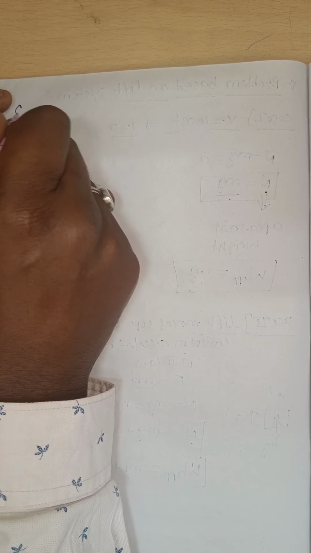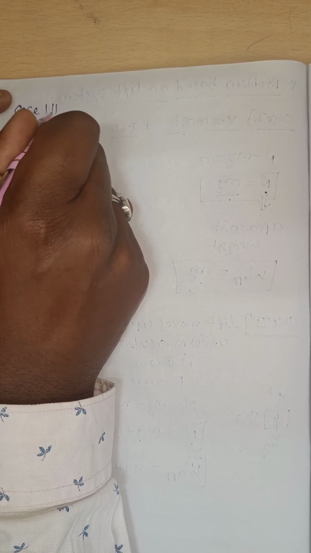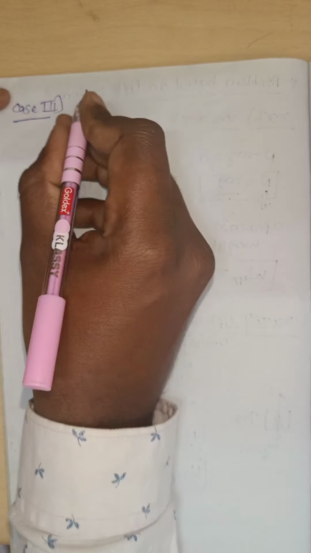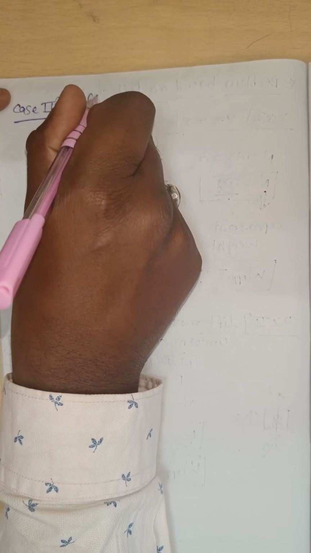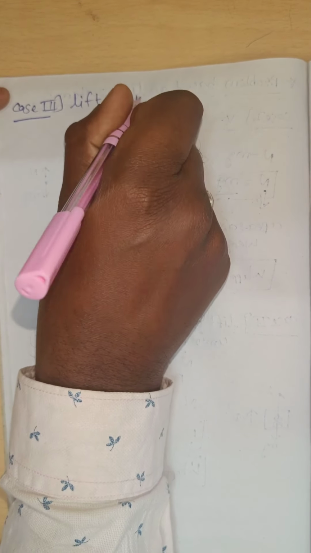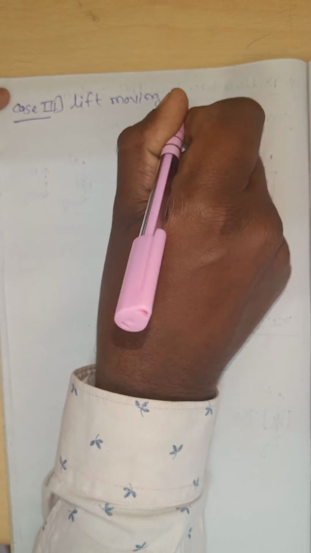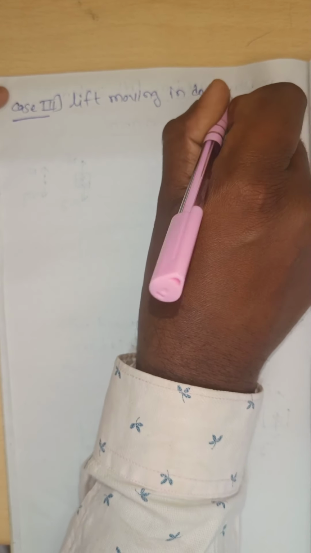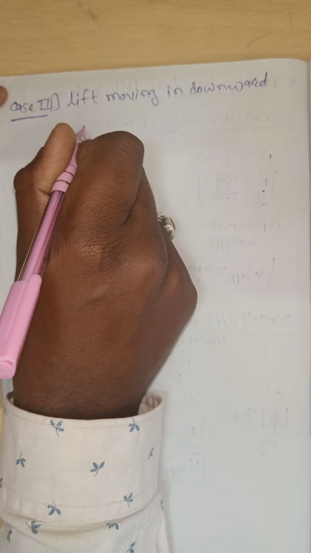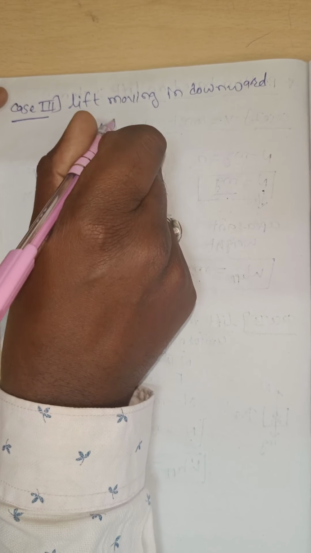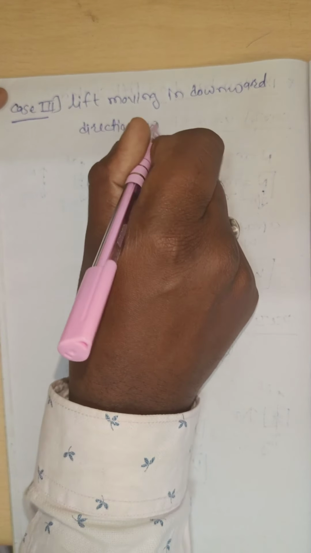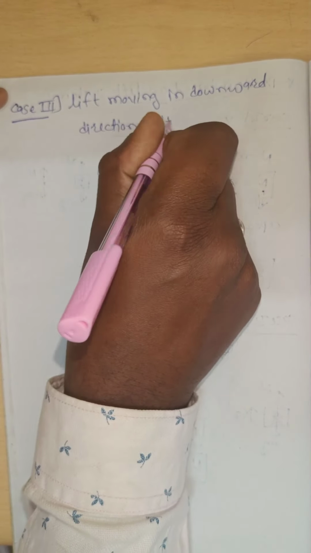Now in case three, the lift is moving in a downward direction with constant acceleration. The lift moves downward with uniform acceleration.